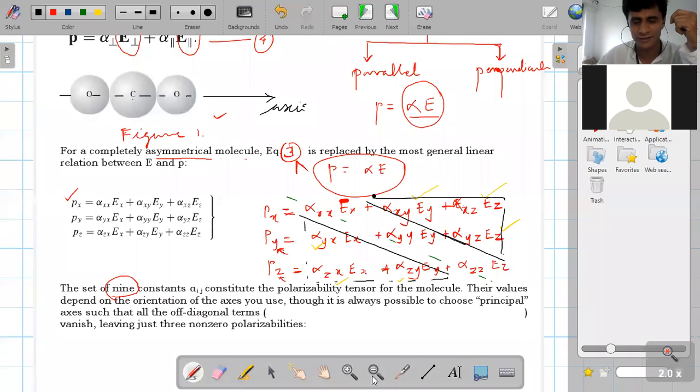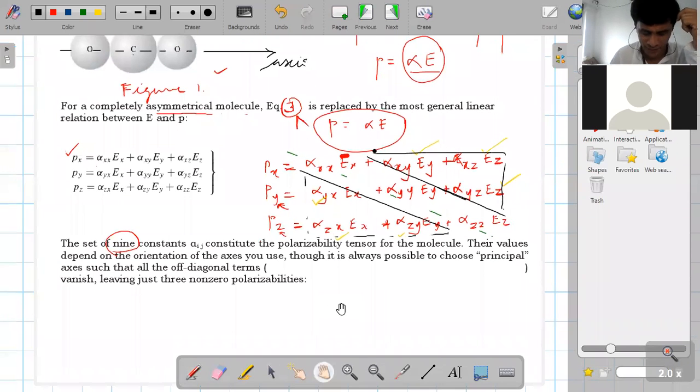And therefore for diagonal element, suppose I am writing here alpha ij. Suppose if i equals j, therefore we can say that component is referred to as diagonal or off diagonal.